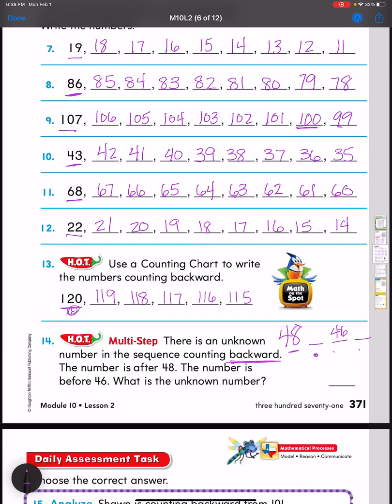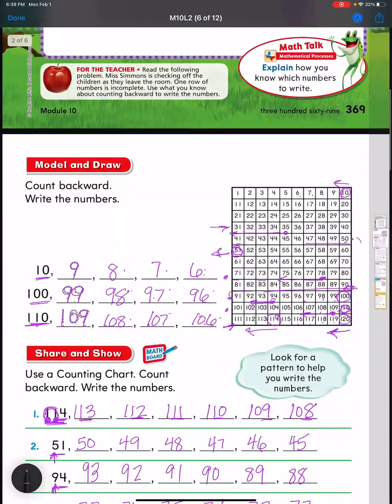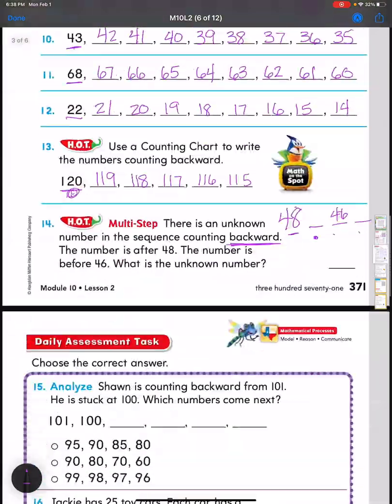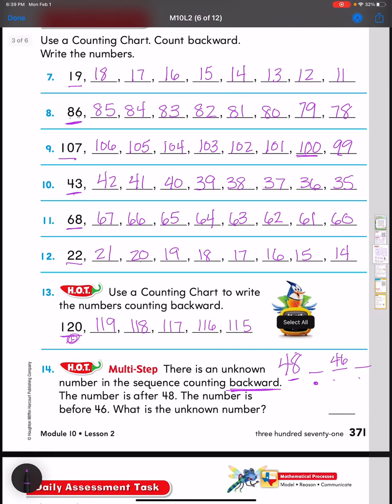If I'm counting backwards on my chart, 48, the number between 48 and 46 is 47.